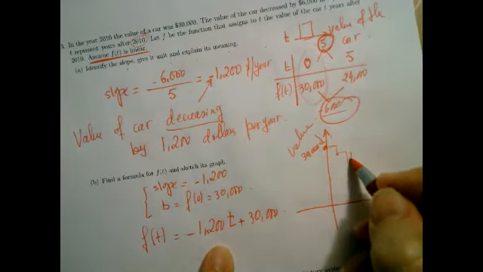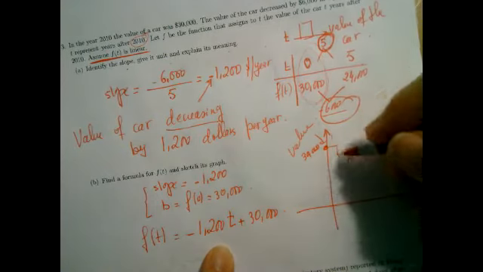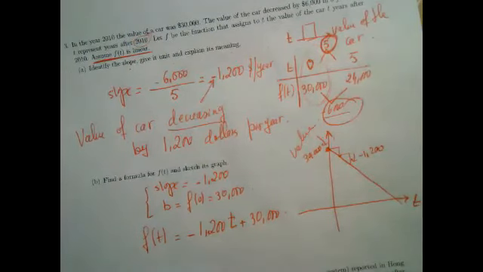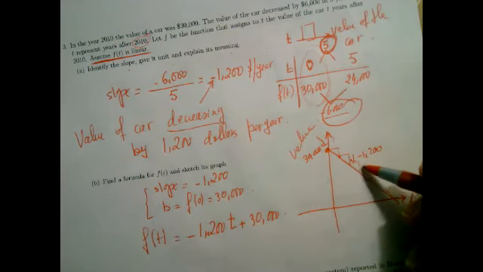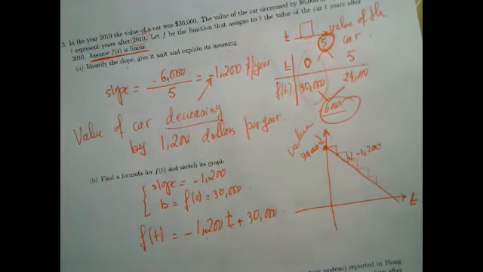Every year it's losing that much. So this is the change in output. That's the picture we have. So in 5 years, it comes 1, 2, 3. In 5 years, basically, it's 5 times 1,200. It's going to go down by 6,000.